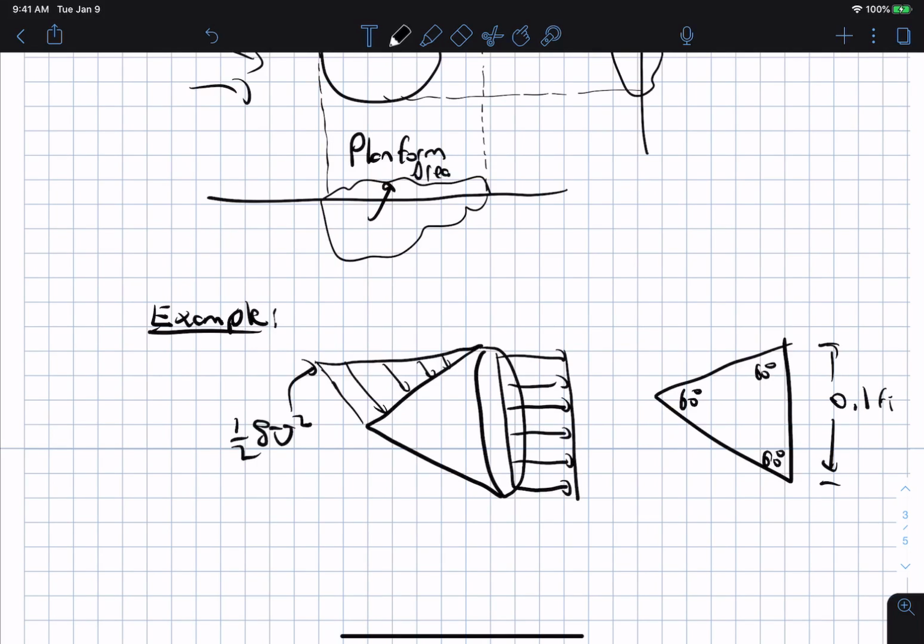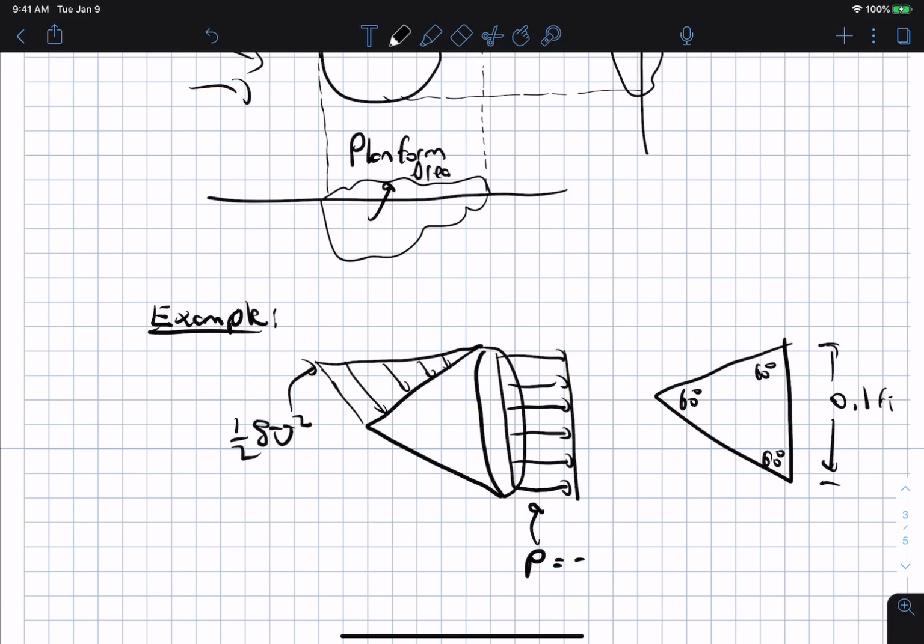For many practical things, a significant portion of the drag on an object actually comes from subatmospheric pressure that forms behind the object. Some of the most intense pressure drag is not from the high pressure on the front of it. It's due to very low pressure, basically trying to suck it backwards, and that is quite often the case.